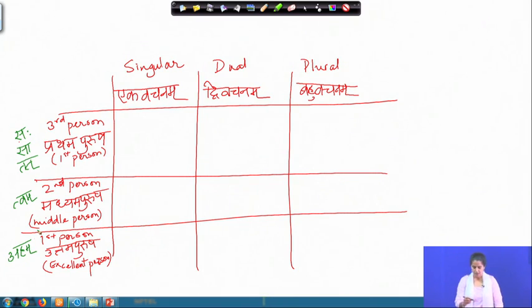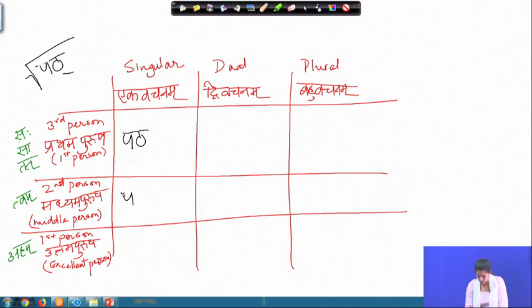Do you remember, if we take on the verb which is pat, the root form of the verb is pat. Alright. So now let's put that out here in each of these squares. It becomes patha with certain grammatical changes. Patha, patha, patha, patha.